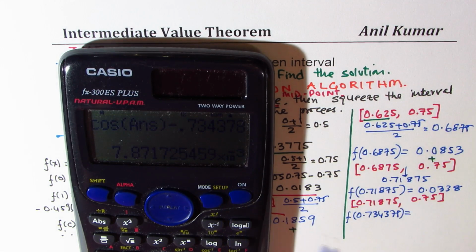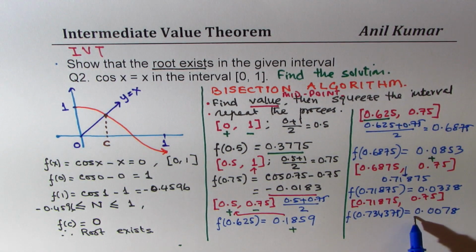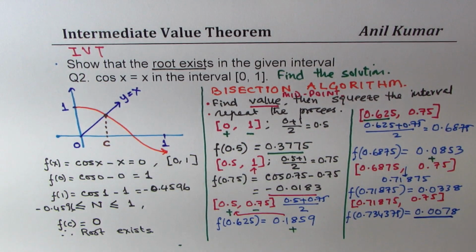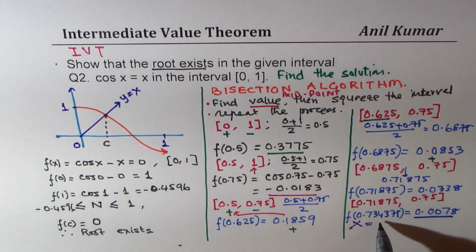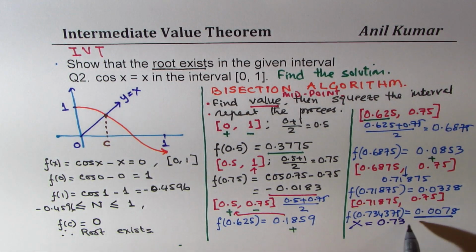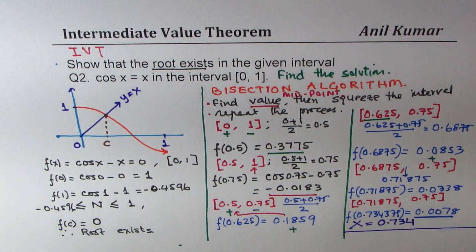That gives us 10 to the power of minus 3. So basically 0.0078. Perfect. So that is extremely close to 0. You get an idea. So we can say that the solution of this is x equals 0.734. So to 3 decimal places, that becomes our solution. That gives you the value of c, which will make this equation true.